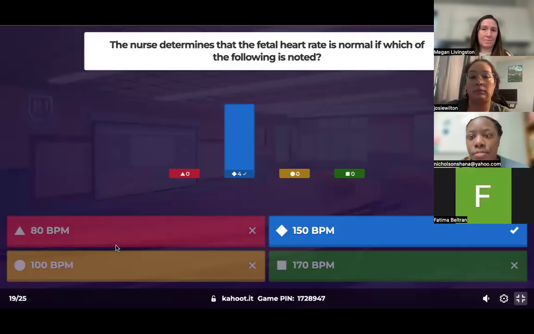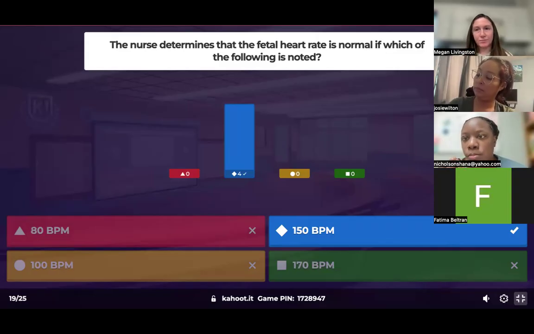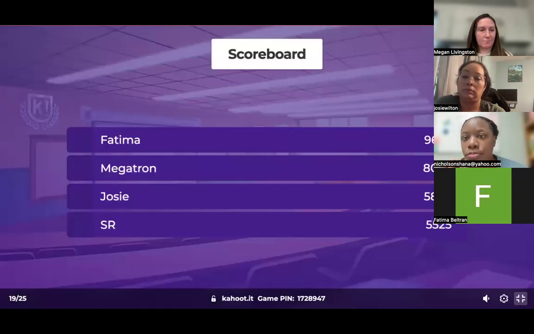Awesome. 150. Yep. So this is just about knowing your normals. So 110 to 160 is our normal fetal heart rate.